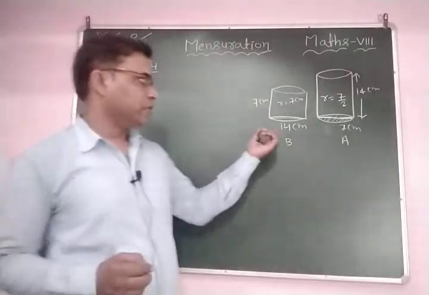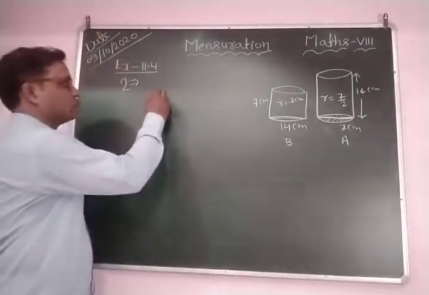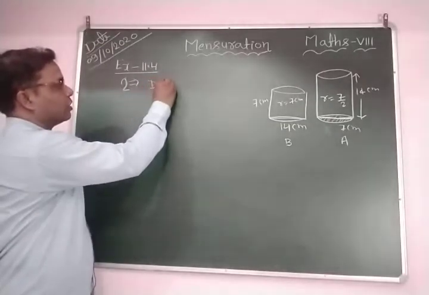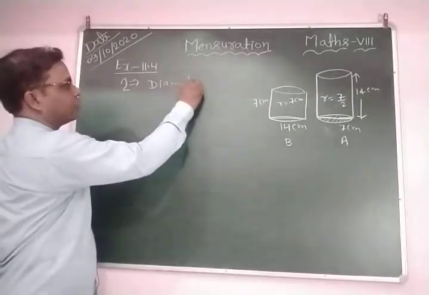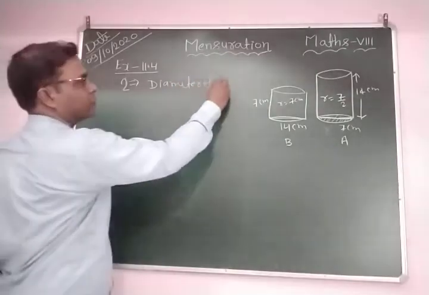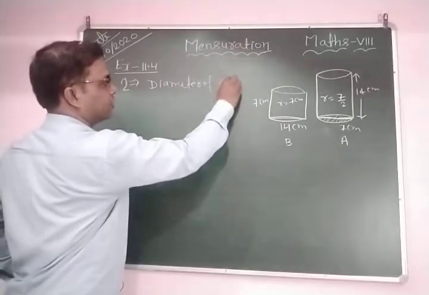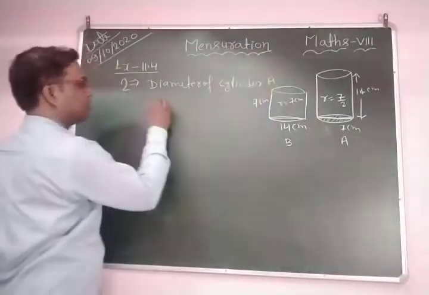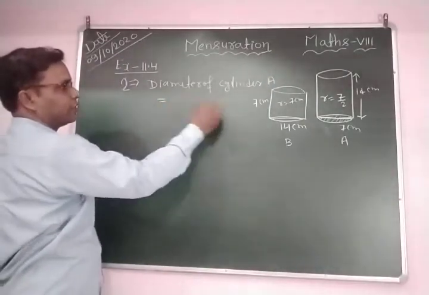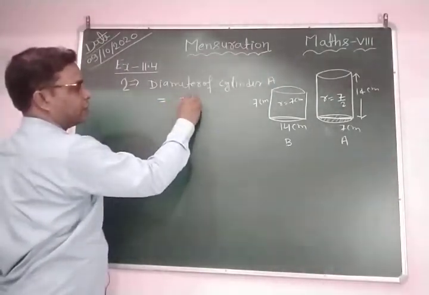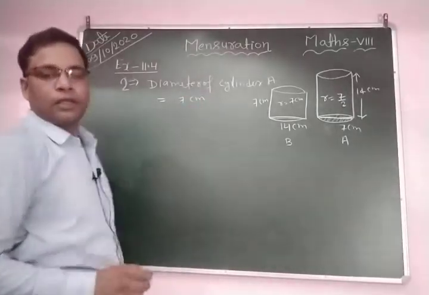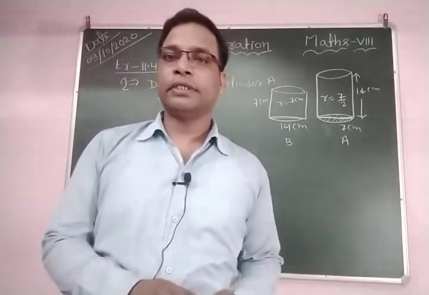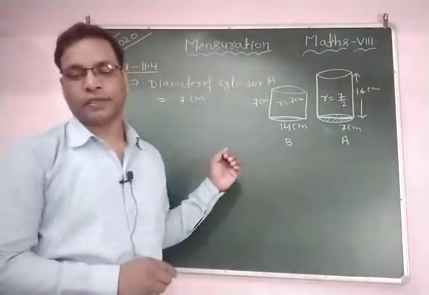First you find the volume of cylinder A. The diameter of cylinder A is 7 centimeter.